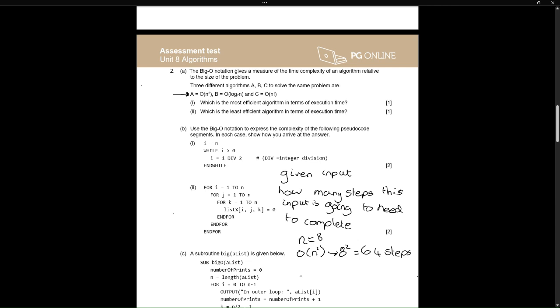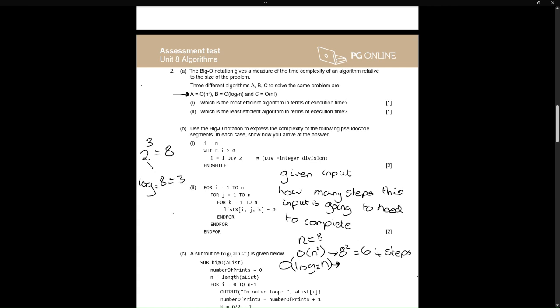If I then do log 2 of n, let me quickly explain how log 2 of n works. Let's do this up here. So if I go 2 cubed equals 8, what log does is basically allow us to rearrange this. So I can do log 2 of 8 equals 3.